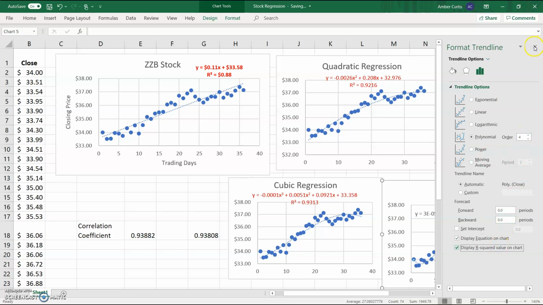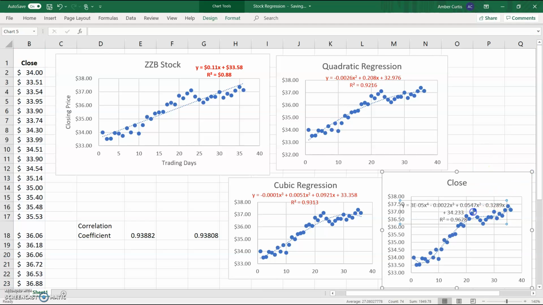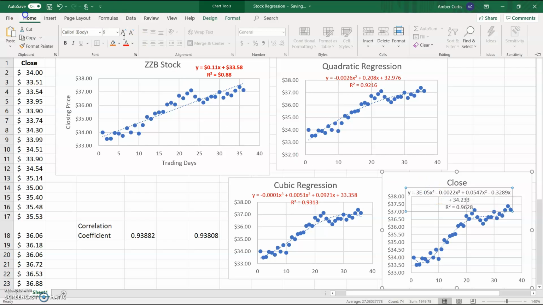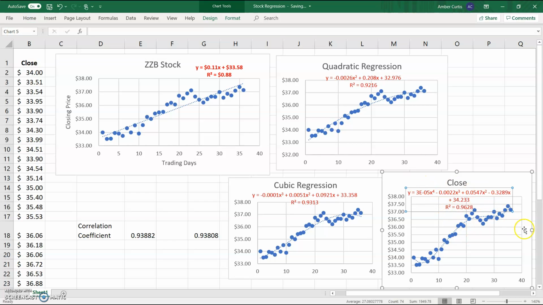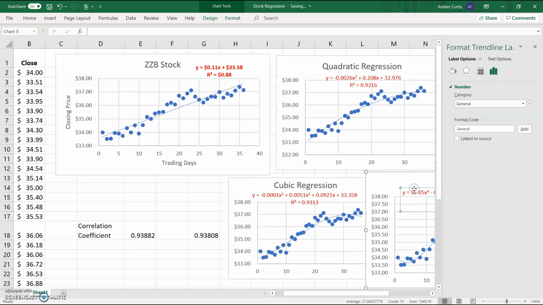And you'll notice that this one has our R² value the closest to 1, meaning this is actually the best fit so far. Now you'll notice that some of these values are really quite small, so when the equation displays, it displays in exponential notation, so we might have to play around with the place value so that it displays the numbers.